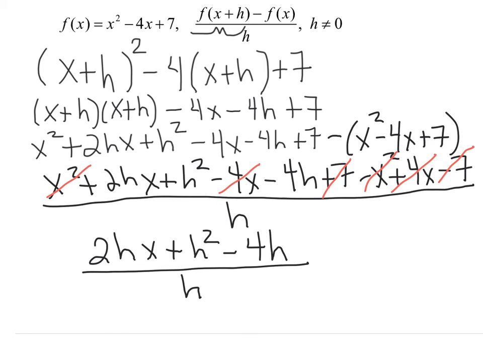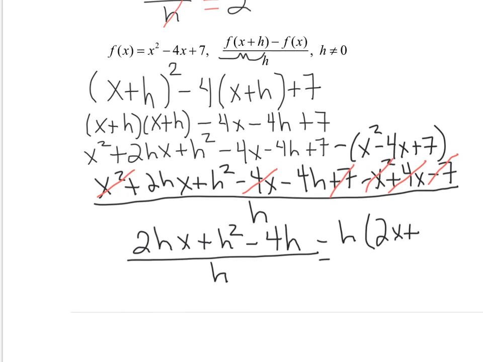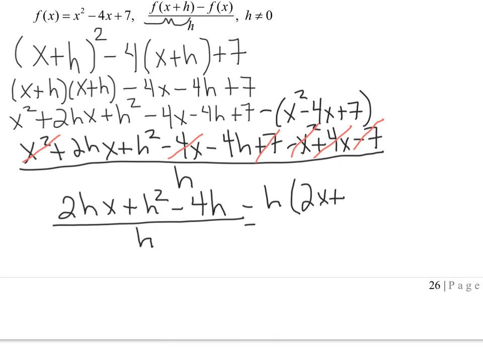Now, in my numerator, all of my terms have an h. So that means that I can factor out an h. So I'm going to do that. h times what I have left, which is 2x plus h minus 4, all over h.